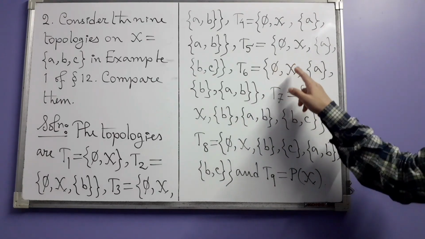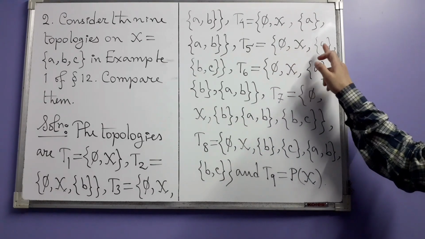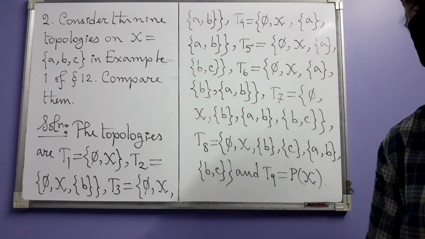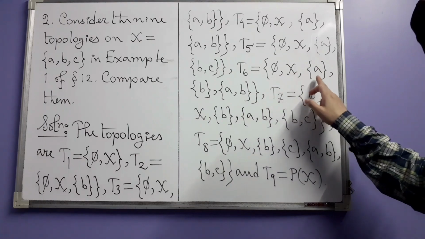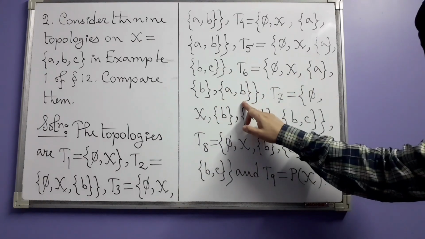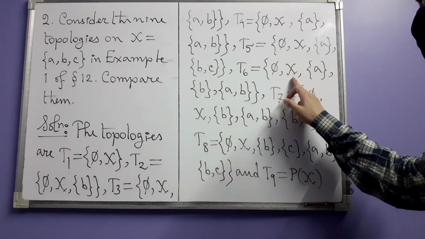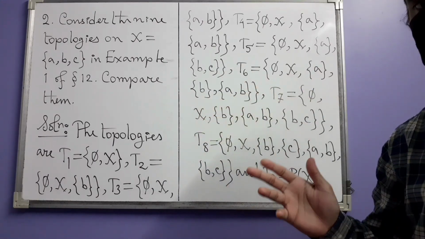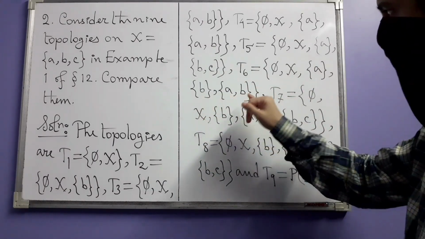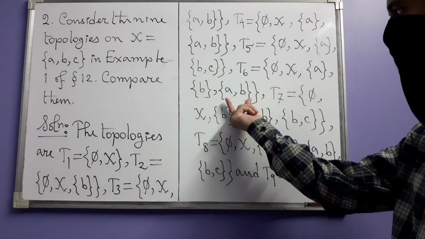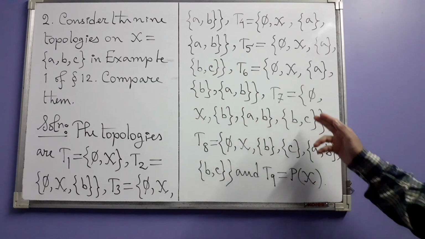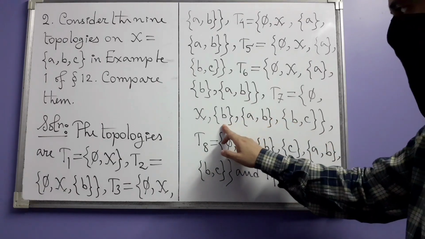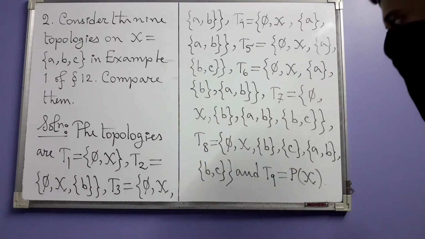T5 on the other hand has the empty set, X, the singleton set A, and the two element set B, C. T6 has, besides these two obvious things, these two singleton sets, one containing A, the other containing B, and their union actually, this two element set A, B. T7 has A, B, B, C, and the singleton set B besides those two things.